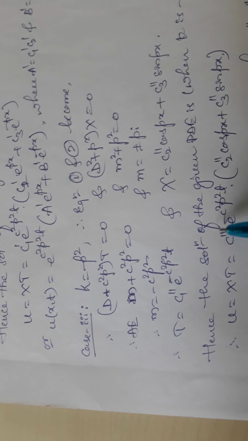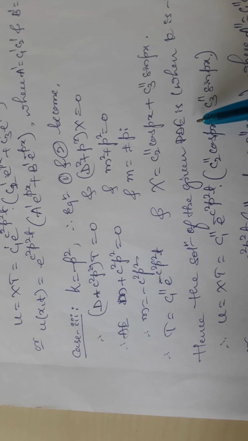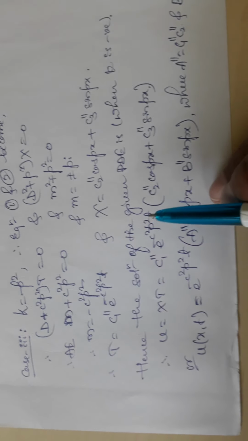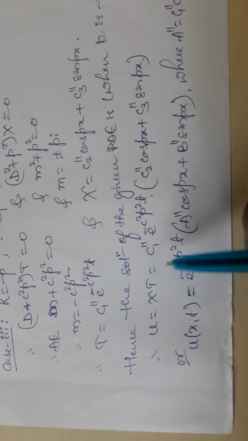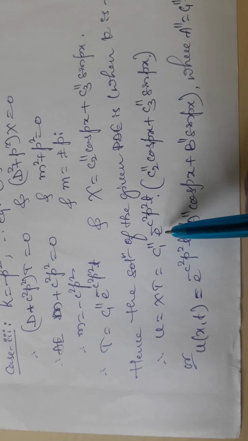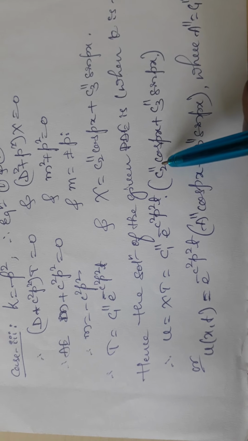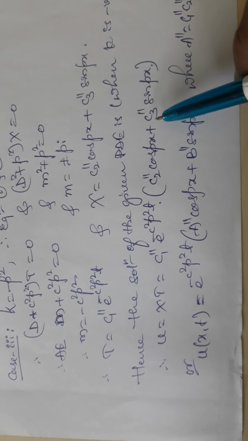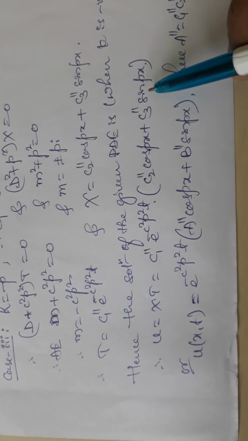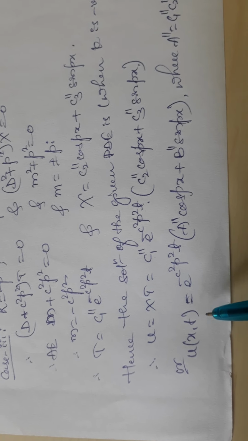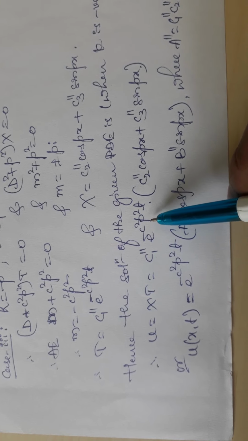Hence the solution of the given PDE when k is negative is u of x,t equal to c1 double dash e to the power minus c squared p squared t into (c2 double dash cos px plus c3 double dash sin px).